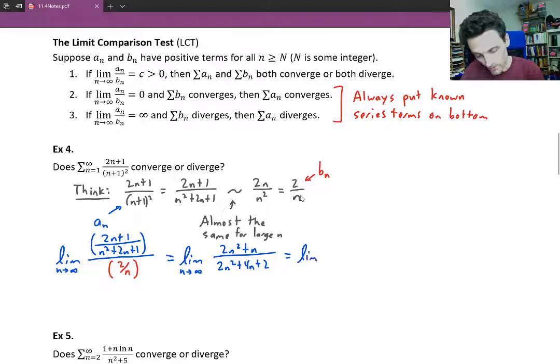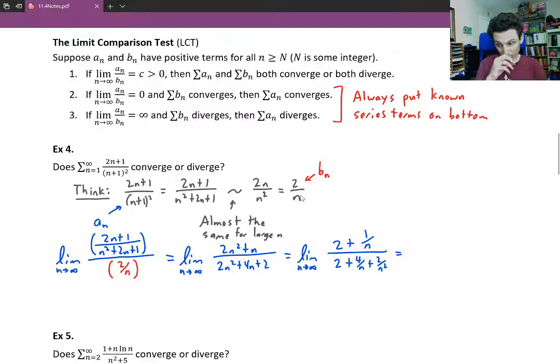So we'll divide top and bottom by the leading term of the bottom, which is n squared. And then take our limit, and we get 2 over 2, which is 1. I'll write out 2 over 2, which is 1. There we go.